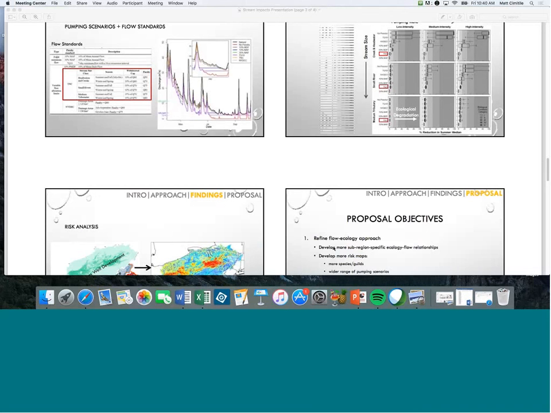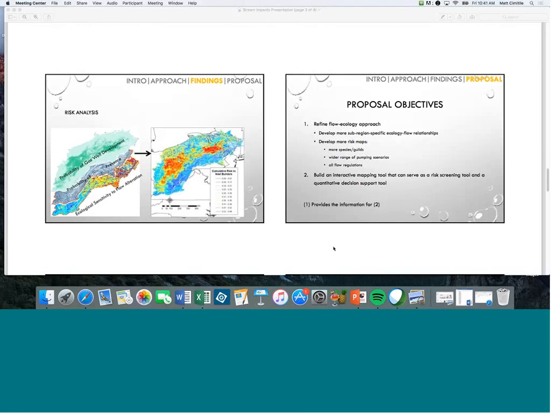We incorporated that data here as the probability of gas well development. We combine that with the probability of a particular species presence. So in this case, we're looking at the nest builders. And these are essentially species that have similar flow requirements during nest building, spawning, egg, and larval development.